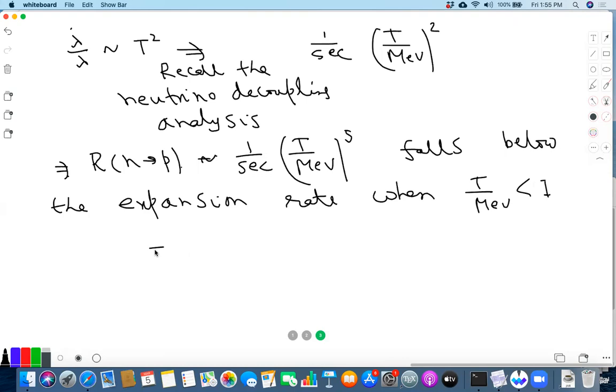That means T falls below MeV, which is what we had been expecting because the proton to neutron conversion is also a weak interaction effect. Okay, other questions?